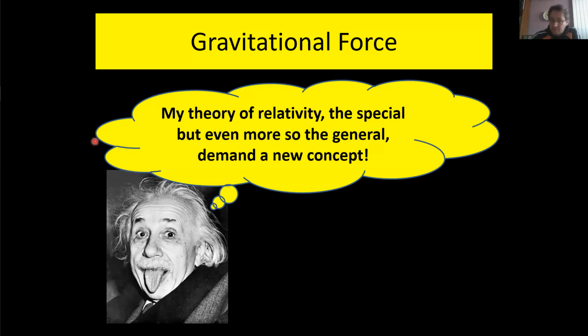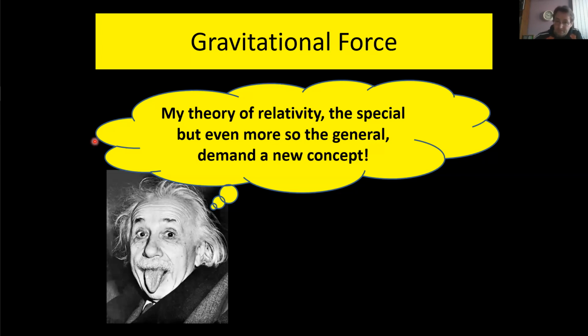Between the publications, there was 1905, the special, and the general relativity was published in 1915. Obviously, Einstein had moved over from Germany to Switzerland, and in Switzerland you could work in 1915. You were not so busy hanging around in France or in Flanders in the mud. Okay.